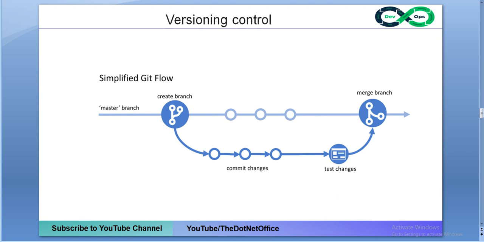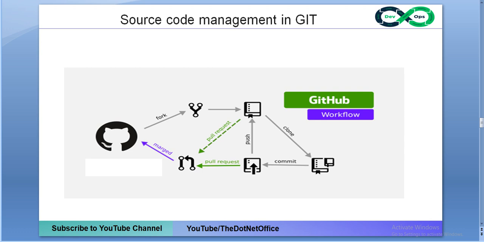So if any issue comes in future, the organization or the operations team can find out who created this branch. A full track will be there for that particular code. That is the advantage of branching or version control in the system.